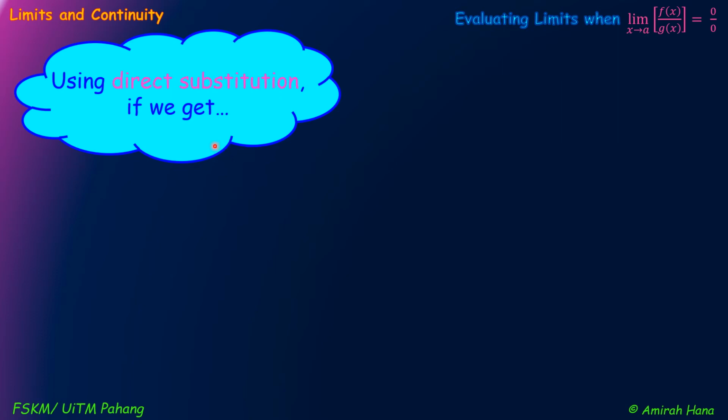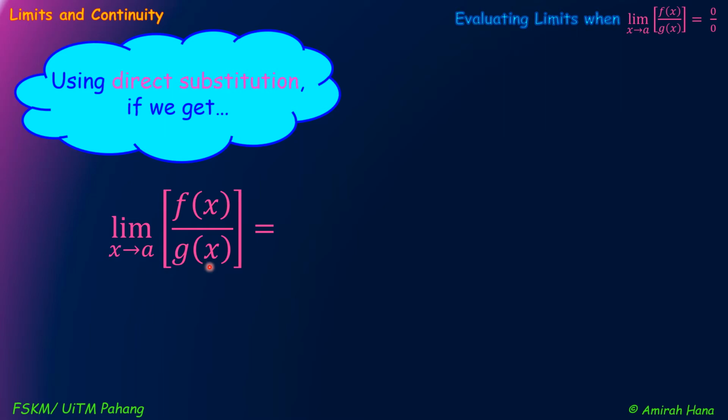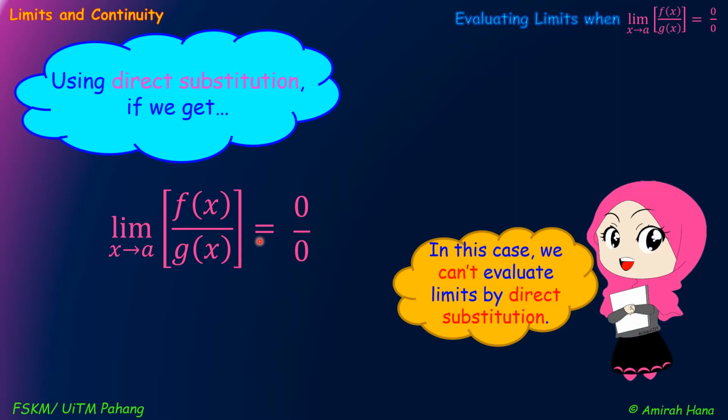Using direct substitution, if we get the limit of f(x) over g(x) equal to 0 over 0, in this case we can't evaluate the limit by direct substitution, because 0 over 0 is an error.